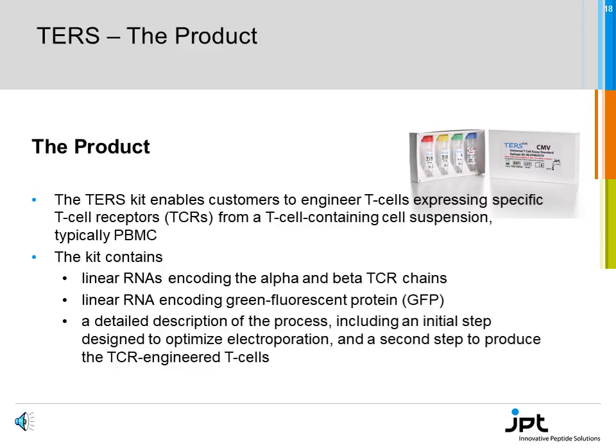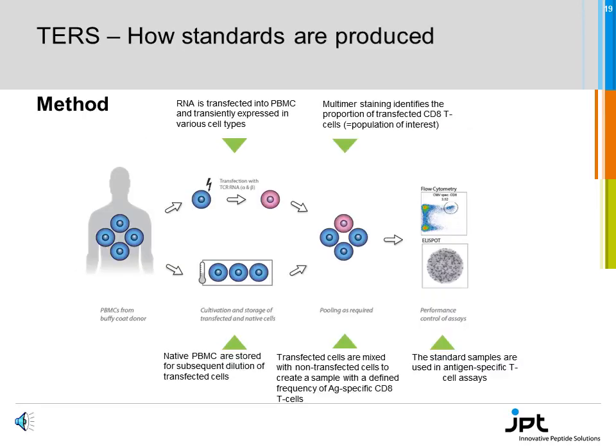TERS kits contain linear RNAs encoding alpha and beta TCR chains for selected TCRs, for example, CMV or influenza, as well as linear RNA encoding green fluorescent protein, or GFP, for protocol optimization. Producing TERS with the universal T-cell assay standard TERS kit is very quick and easy.